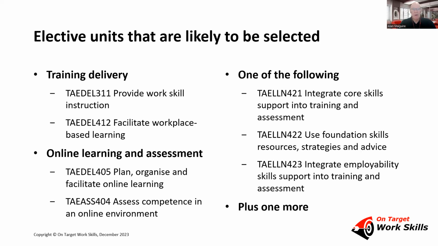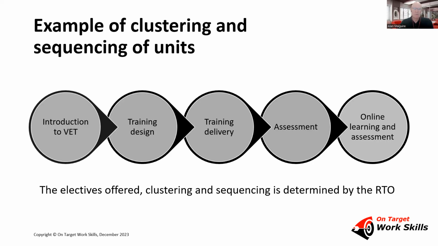Now, an example of clustering and sequencing of units: many RTOs will cluster or put units together and offer it in something like what I'm showing at the moment, but there's going to be a variety of not only clustering and the sequence in which you do it, but also the electives that are available for you to do.